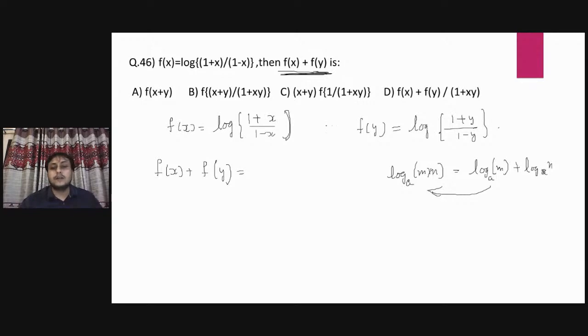Here base is not given, so we take base as 10. If base is not given we take 10, and there is no need to write it. This is known as common logarithm, so there is no need to write 10.